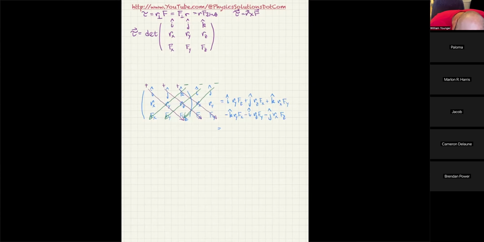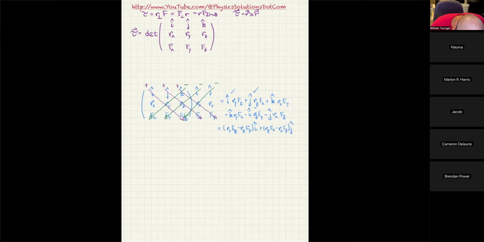And of course, you can simplify that a bit by getting common terms together. So I'm going to say, let's take the I hats. That's going to be R_Y F_Z minus R_Z F_Y, I hat. That takes care of that one and that one. Now I'm going to take the J hat, and that's going to be R_Z F_X minus R_X F_Z, J hat.